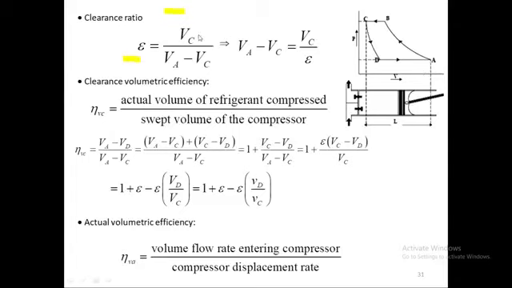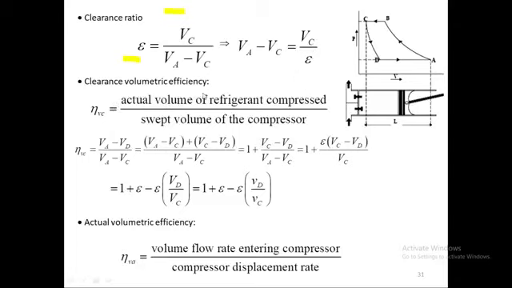Epsilon is VC divided by VA minus VC. VC is the clearance volume, the small volume which is left above the piston head just before the valves. That is the minimum volume inside the cylinder, divided by VA minus VC, which is the swept volume. So clearance volume divided by swept volume is the clearance ratio, and we can also write VA minus VC as VC divided by epsilon. We are going to use it in the equation somewhere.